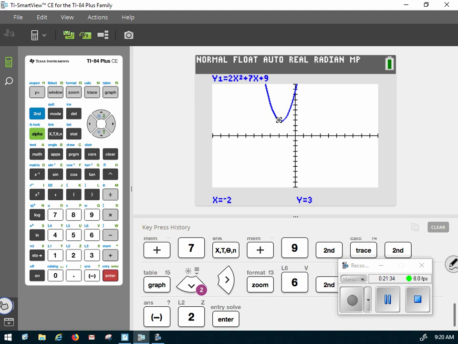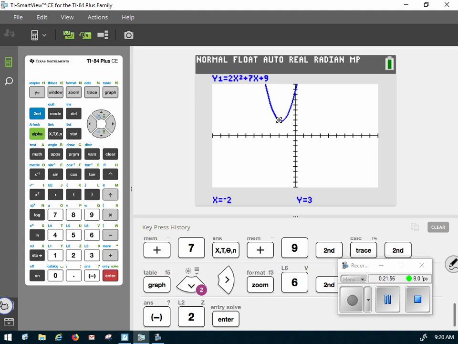What's the y value? Oh, where have we seen 3 before? That was the remainder. The number that we divided by and the remainder, what are they on the graph?